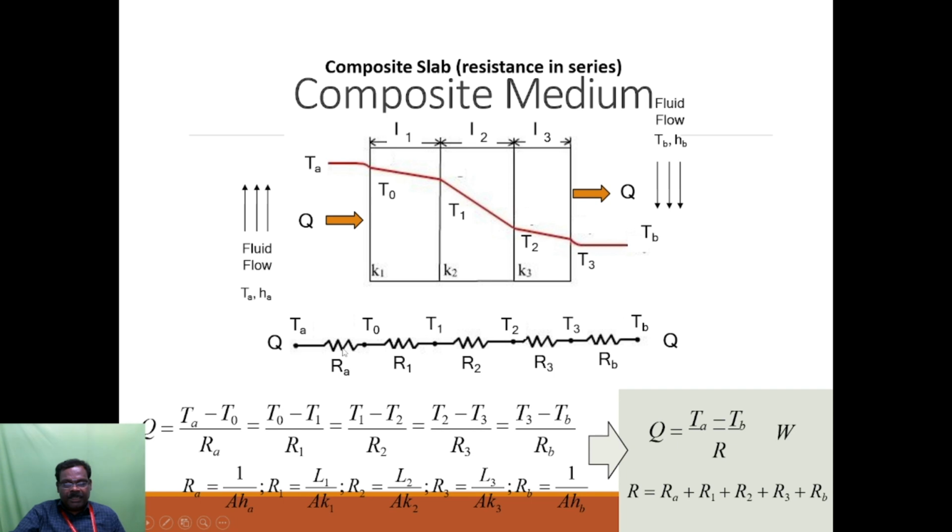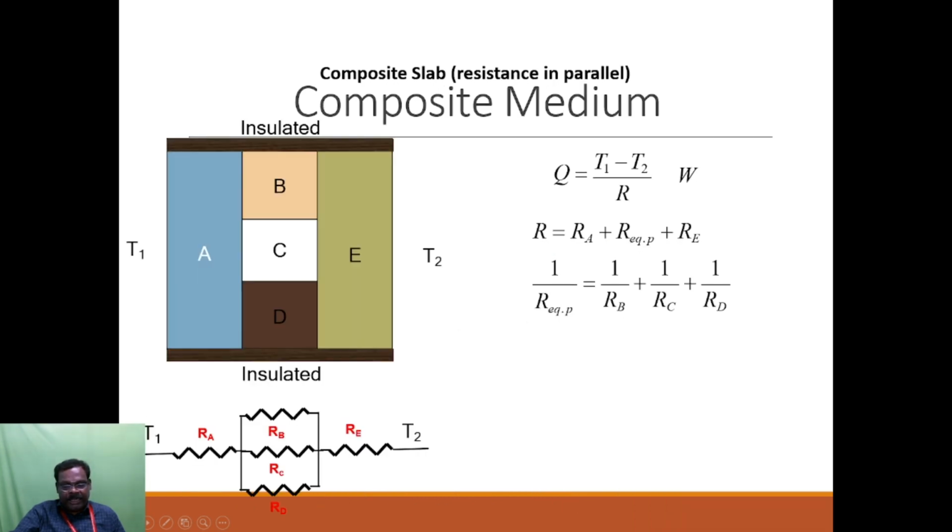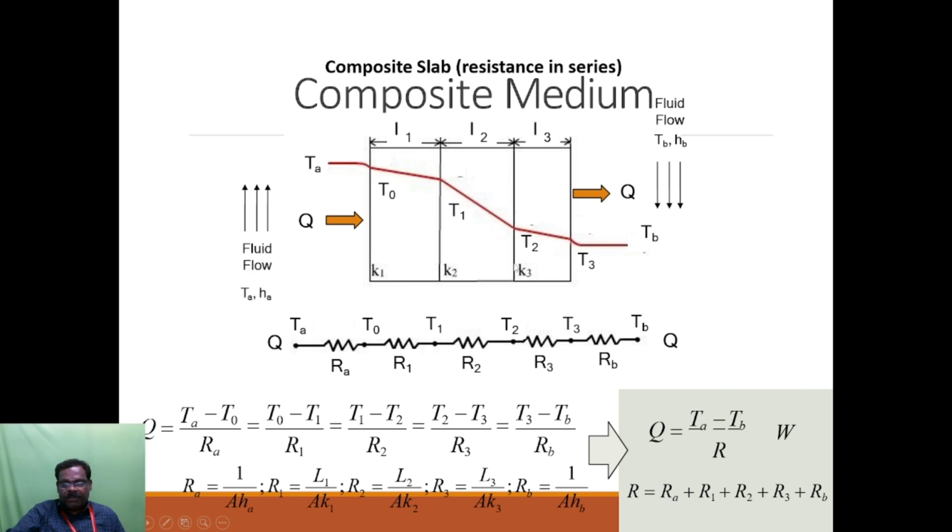Consider this one is RA, this is R1, R2, R3 and RB: the resistivity of this surface, of this wall, of the second one, and of this one.